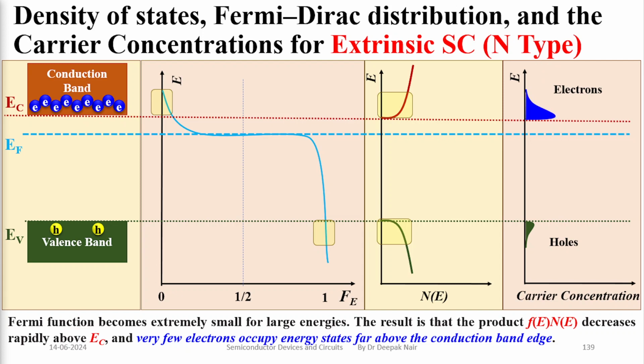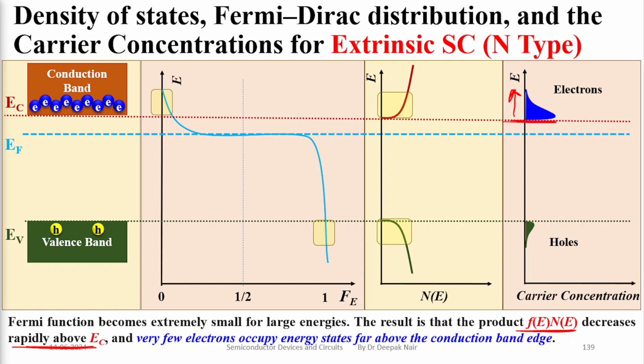Secondly, the product F of E, N of E decreases rapidly above EC. So if you move upward in the EC region, the function F of E, N of E rapidly decreases, and very few electrons occupy energy states far from the conduction band edge.